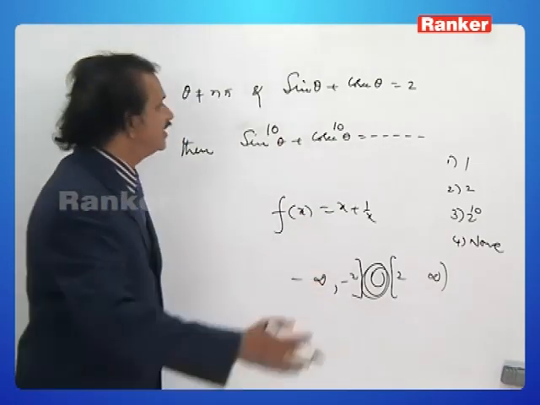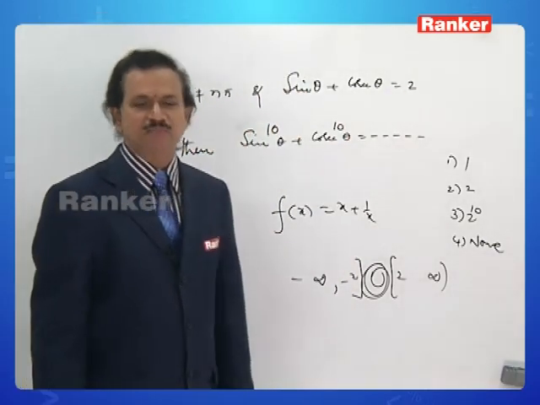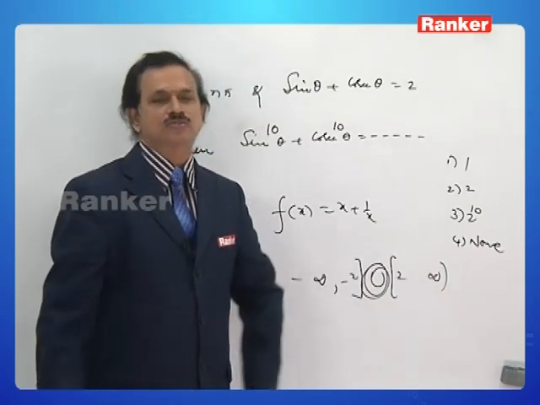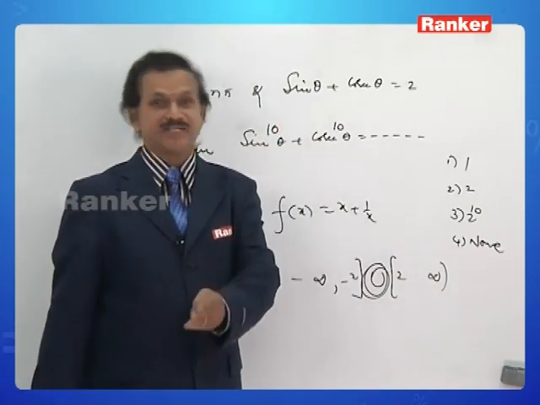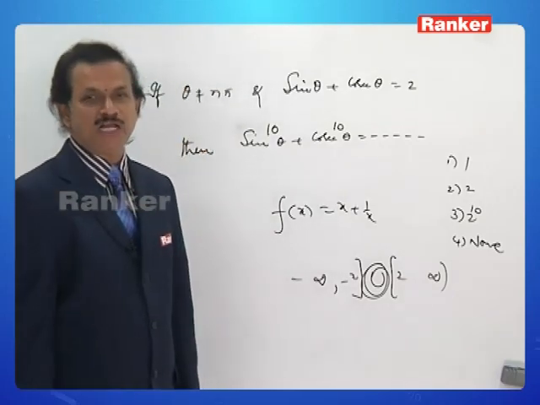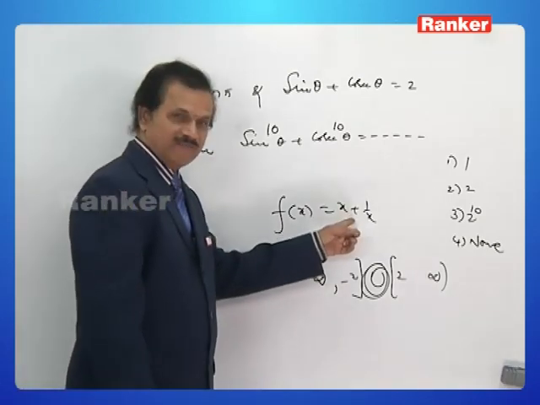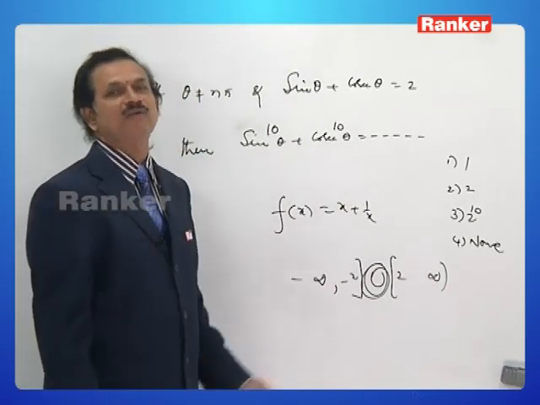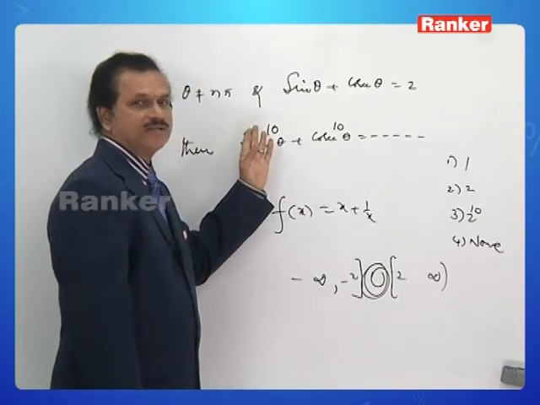He is saying that it is 2. Surely sin theta is positive, so its minimum value is 2. Minimum value of sin theta plus cosecant theta is 2. And the so-called minimum value is obtained only when x equal to 1, for this, sin theta is equal to 1. Therefore, sin theta is 1, 1 power 10 is 1.